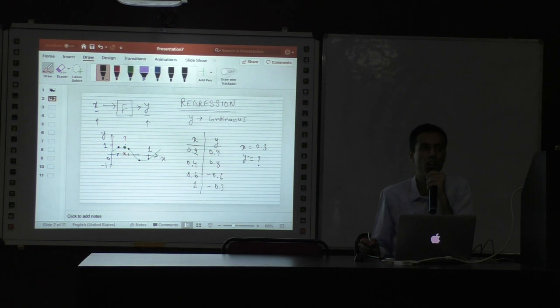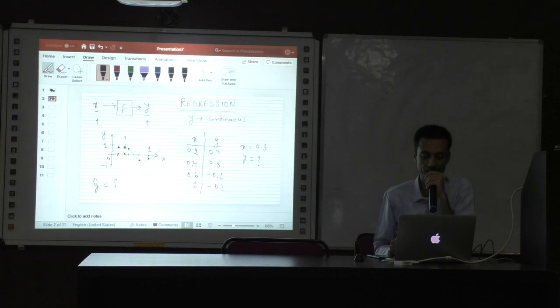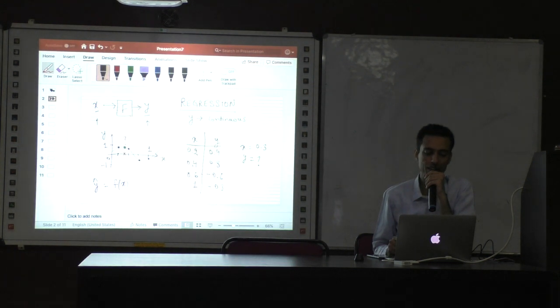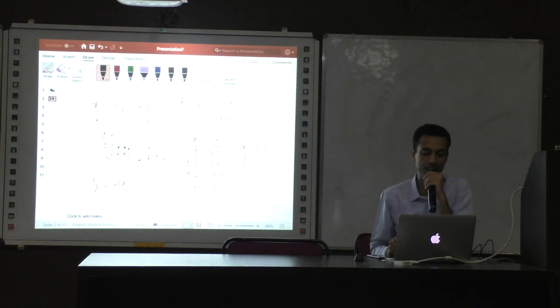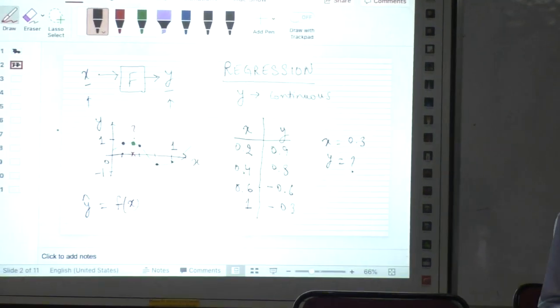So what I can try to do is, I can say, let us construct a y hat. Y hat is a function of x, such that this y hat satisfies this, but it also can be generalized, or interpolated, to other values of x.